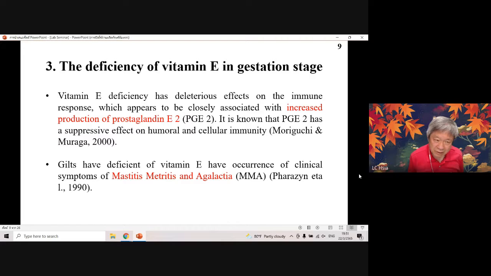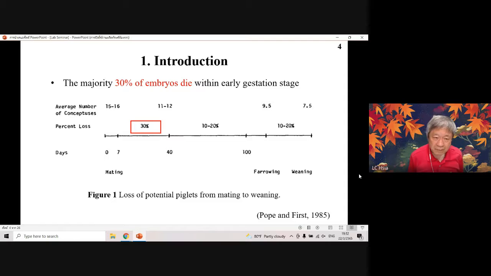But for these things you had better show the mechanism, to let people understand. That is easier to explain in the future. And page 4, vitamin E. Okay.